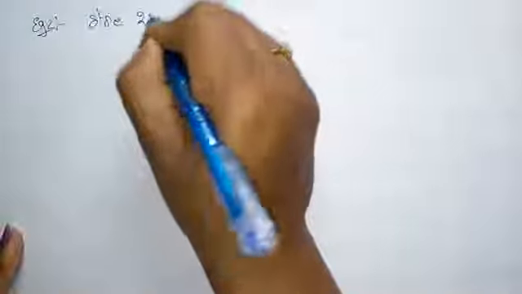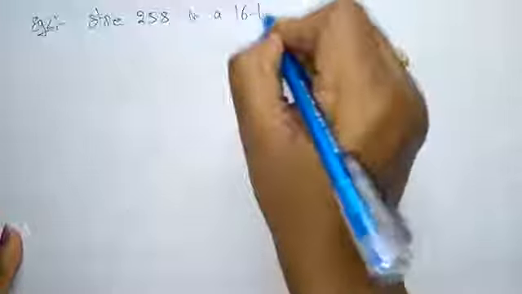Let us take one more example. Example 2. Now I am taking a 16-bit number. Previously I explained a 7-bit number, now let me take a 16-bit number. Store 258 in a 16-bit memory location.